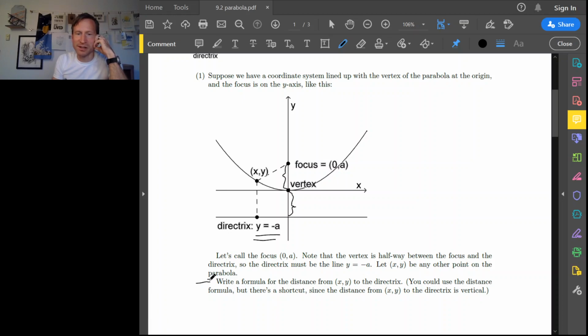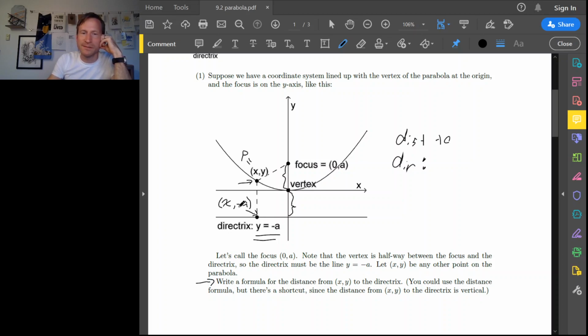So let's write a formula for the distance from (x, y) to the directrix. So we have this point that's on the parabola. Let's measure its distance to the directrix. Well, we have a point here on the parabola, (x, y), and this point on the directrix has the same x coordinate as our point P on the parabola, but its y coordinate is minus a because it's on the directrix.